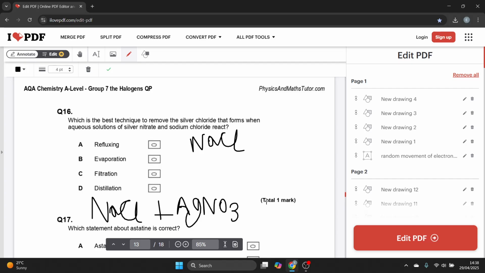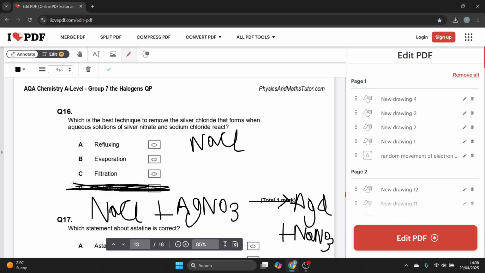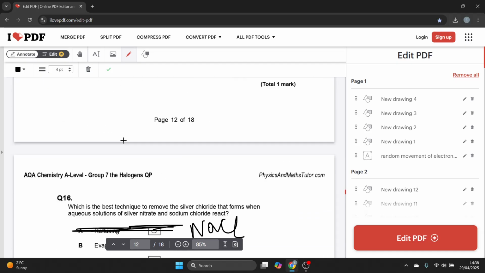Well, I'm going to form AgCl plus NaNO3. To remove this, well, distillation is based on, no. Refluxing, no. It's going to be filtration, isn't it? Definitely filtration. I think that's more of just a logical kind of question.